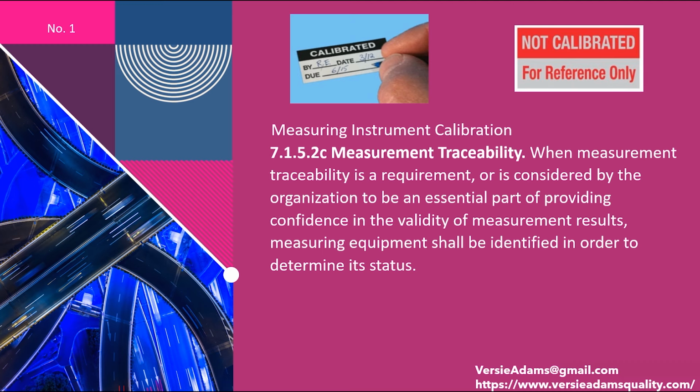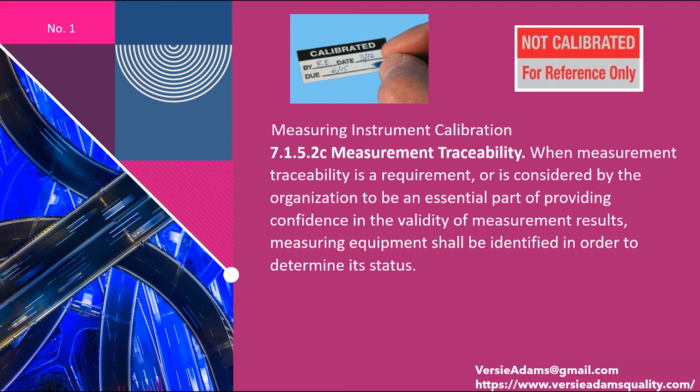The other thing I find is someone using a measuring instrument labeled for reference only, but after further discussion with the auditee, I find out that instrument is actually being used to verify product conformance, which is not good. Those three examples are things that I commonly see when I'm auditing the measurement instrument calibration process.